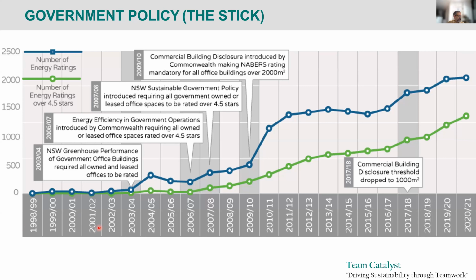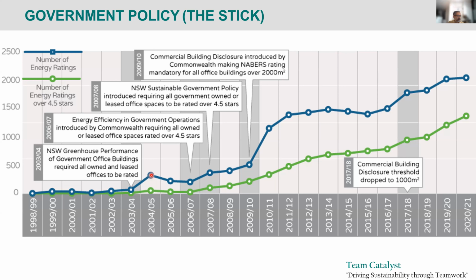While the system came out around 2000, almost nothing happened till 2003 when one of the premiers of the states, I guess you could call him a governor in the US or a mayor in other countries, actually mandated that all government buildings would be NABERS rated, and suddenly we saw 200 ratings.